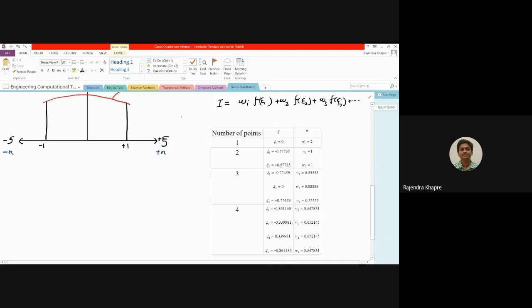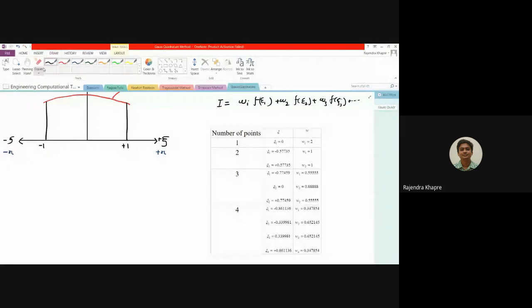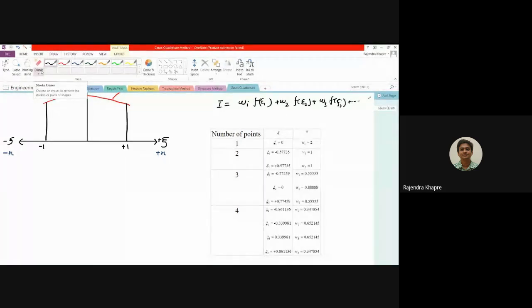Okay. So now, if you use only one integration point, again I'm repeating, we are doing integration of a third degree curve, and the integration is between -1 to +1 only. The limits are not a and b; it is from -1 to +1 only.